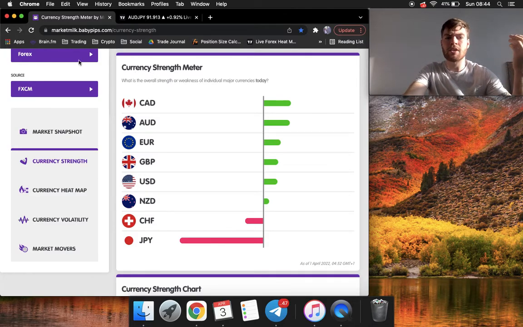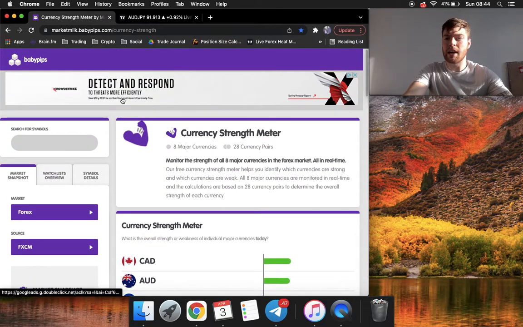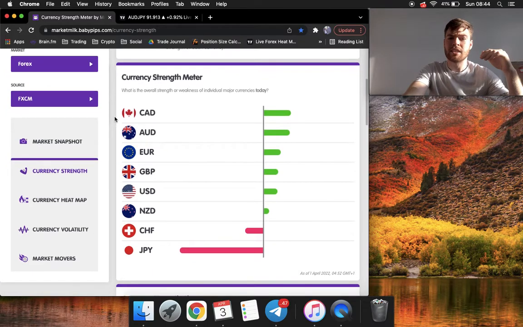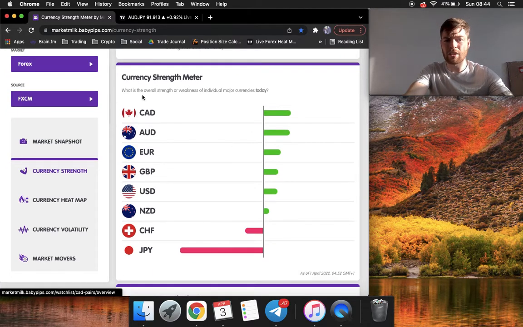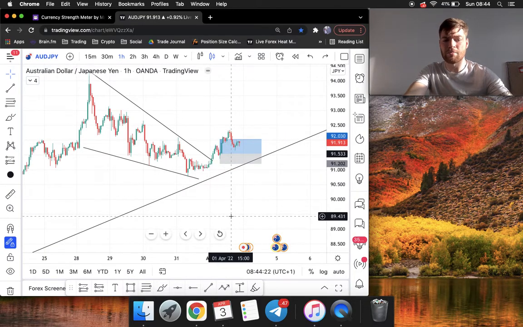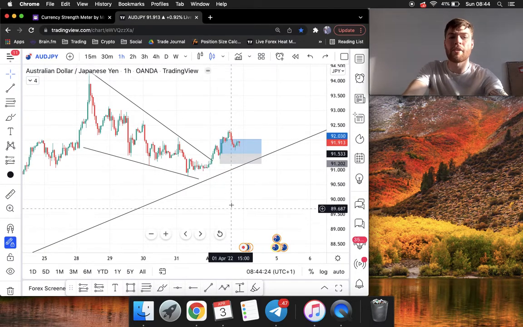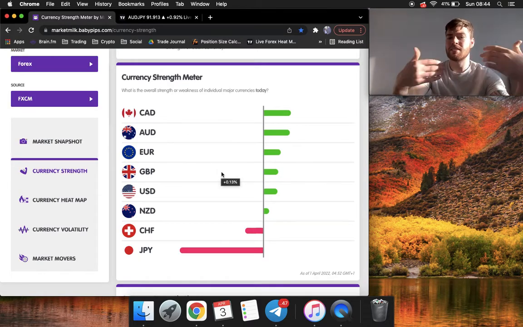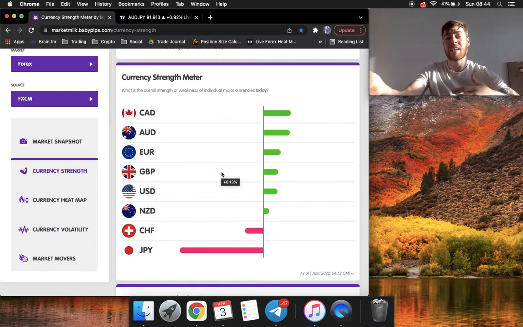Don't just come onto this type of tool and place the trade blindly, because what you'll find is you'll enter Aussie yen long from, for example, 3 o'clock, and it'll probably pull back, go into drawdown and take you out.